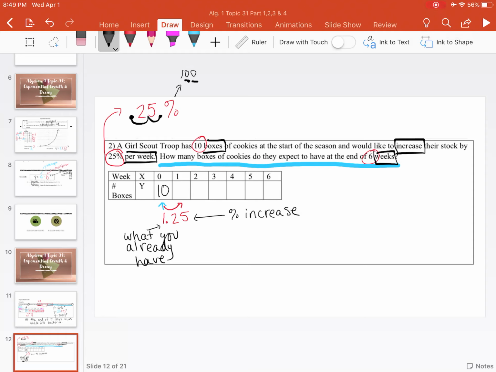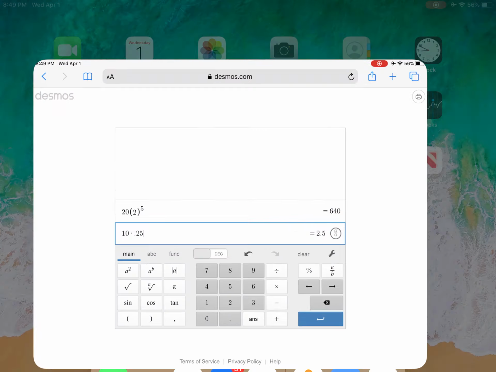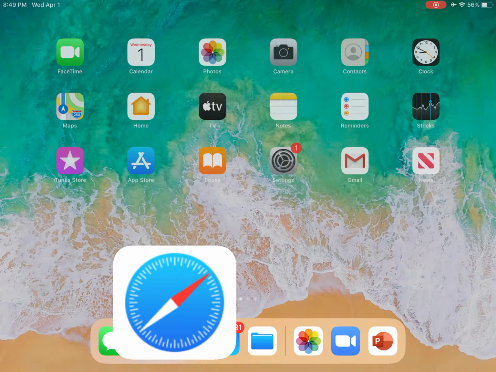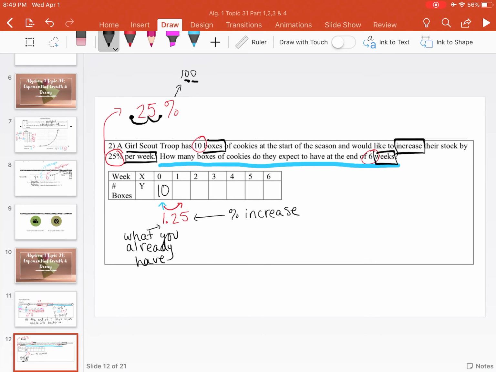So if we multiply 10 by 1.25, what do we get? We get 12.5. That's more like it. And we're going to keep our pattern going.